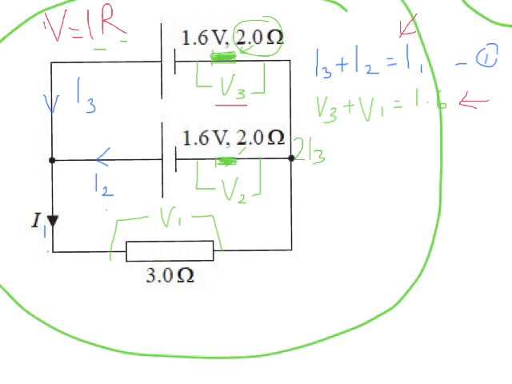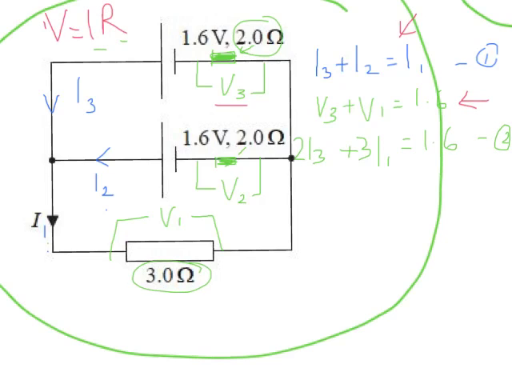So 2I3 plus V1 would then be equal to 3 resistance times current 1, and that would be equal to 1.6. Now that was our first loop, and that is now our second equation.